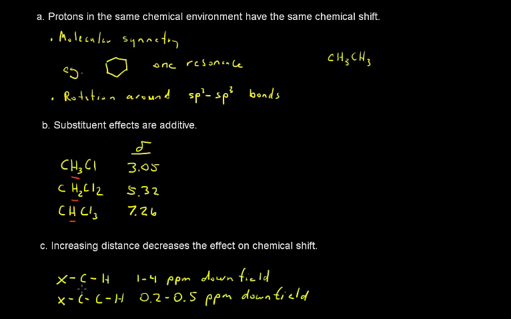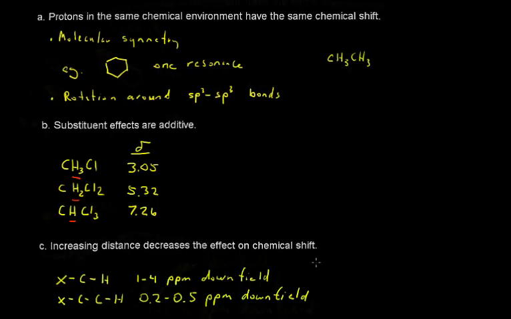So this is the alpha carbon and this is the beta carbon. Putting the electronegative substituent on the beta carbon has a much smaller effect, less than 1 part per million instead of greater than 1. So moving the electronegative substituents farther away from the observed proton reduces the effect on the chemical shift of those protons.